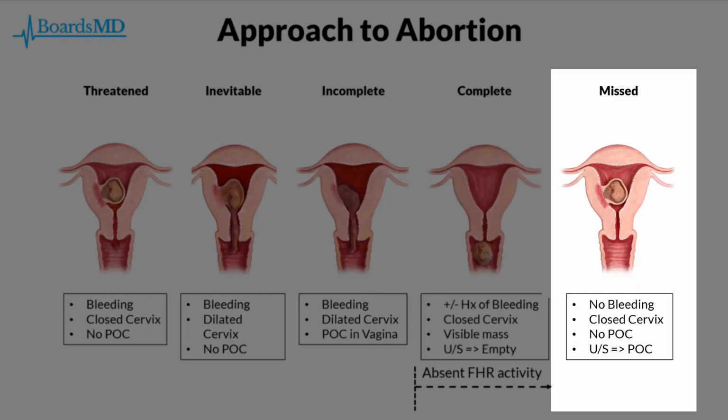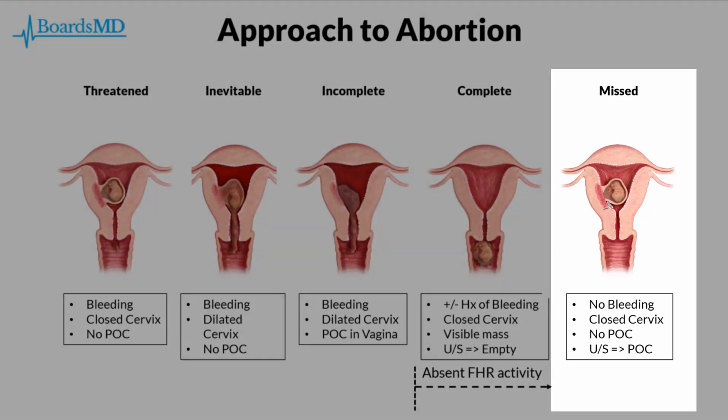This is in contrast to our patients with missed abortions who simply have a dead fetus that is still present within the endometrial cavity. And this is something that we will be able to see as a finding on ultrasound as either retained products of conception or a thickened endometrial stripe.